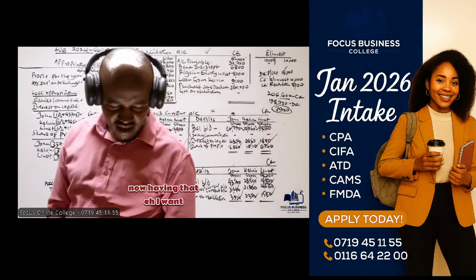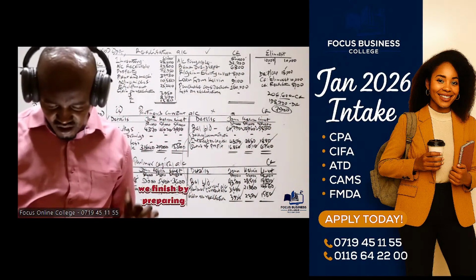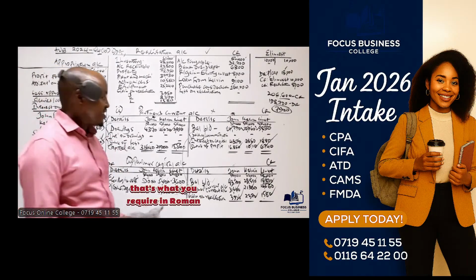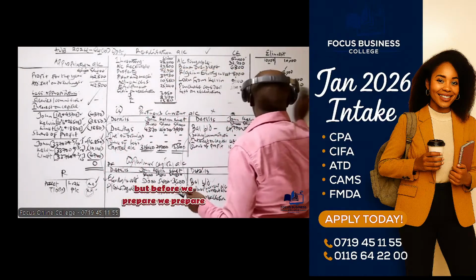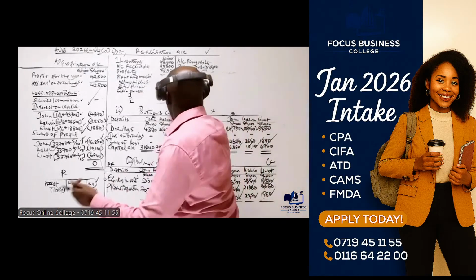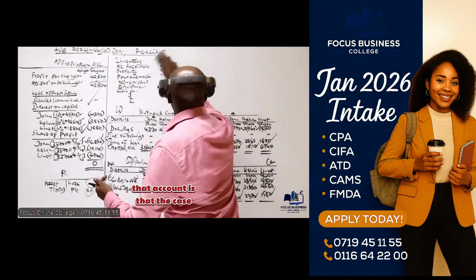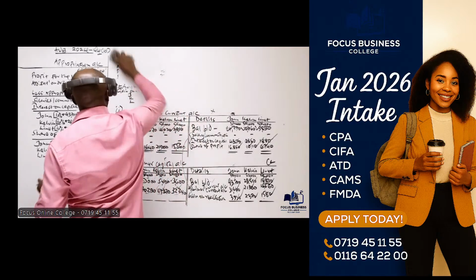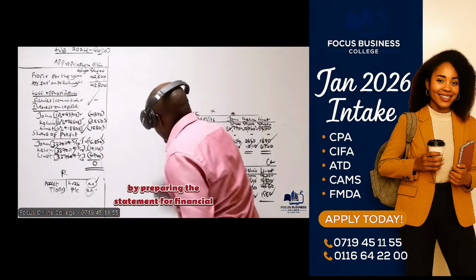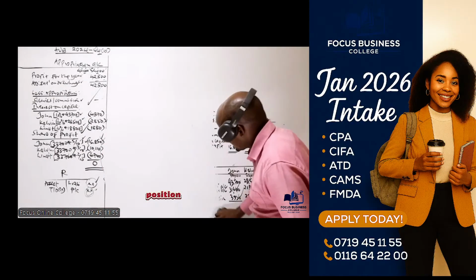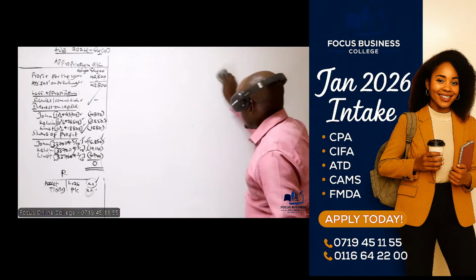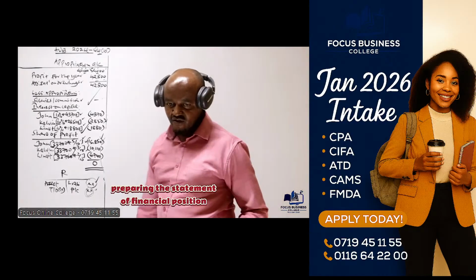Now, having that, I want us to finish by preparing the statement of financial position of the new company. That's what was required in Roman 4. But before we prepare that, let's finalize by preparing the statement of financial position.